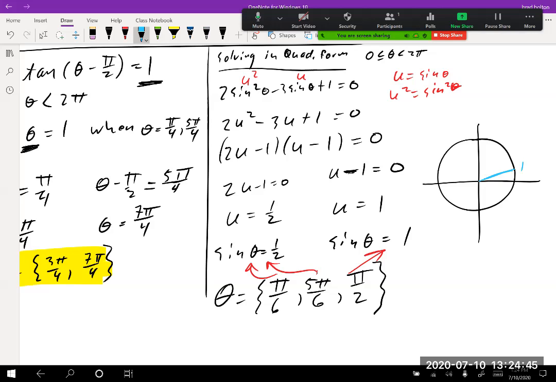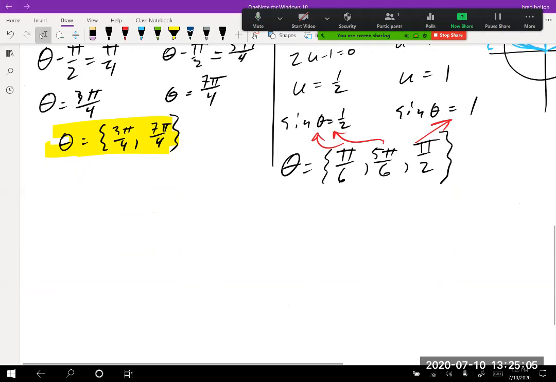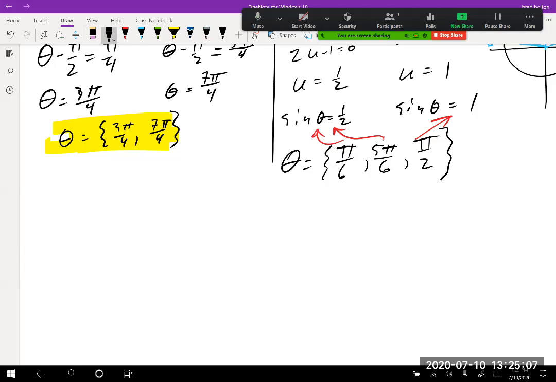So right here, I know pi over 6 would have it, and then this is the matching sine value right here of 5 pi over 6. And then I also know that here at pi over 2 would give me sine of theta equals 1, because sine is associated with the y coordinate.